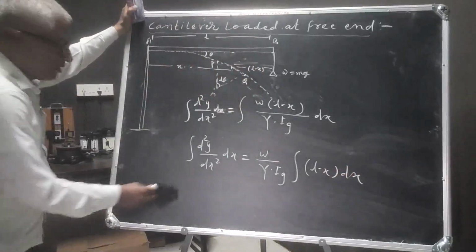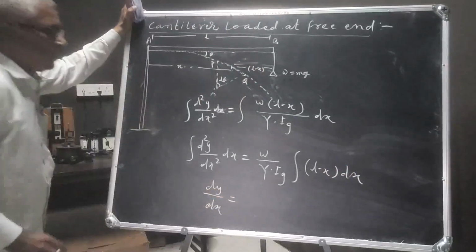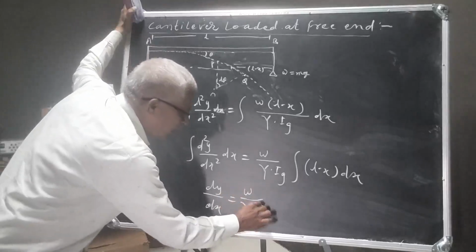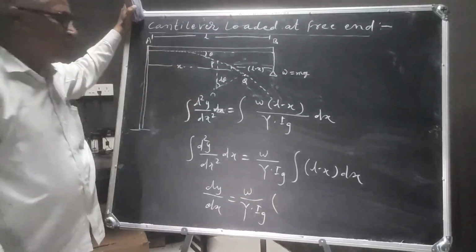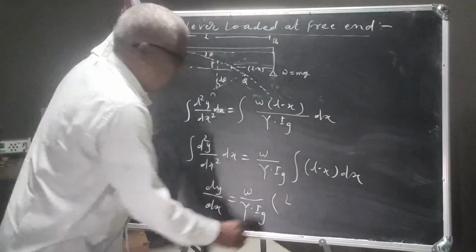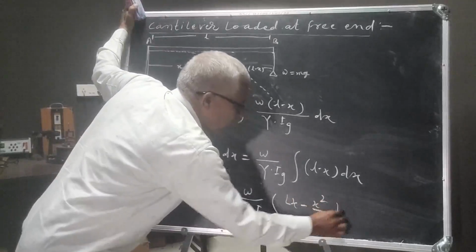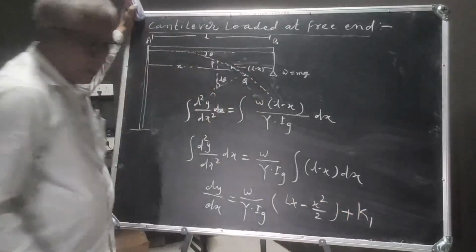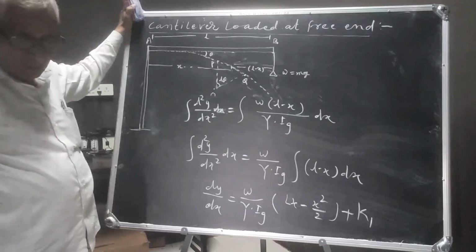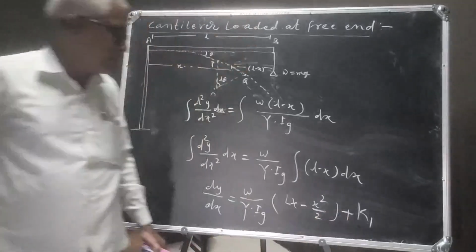If you integrate this, you will get dy by dx equals W upon Y into I_g times (Lx minus x square by 2 plus k1), where k1 is the integration constant.